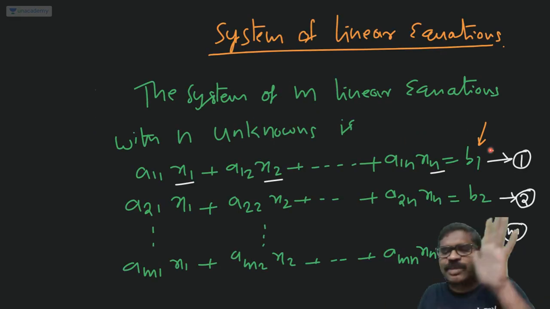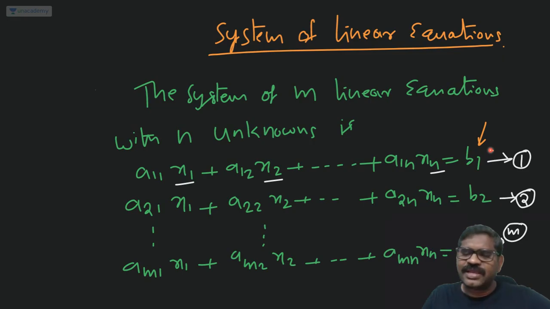Here we have a system of m equations with n variables. Whenever you write nullity of A, it means nullity of matrix A, Chaudhary. Rank of matrix A plus nullity of matrix A equal to total number of variables.